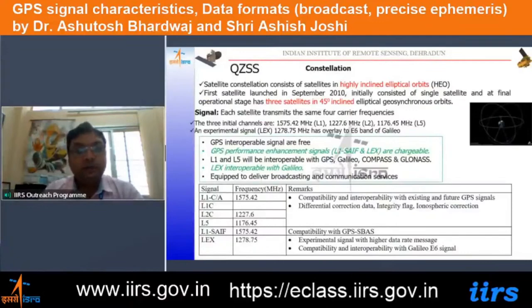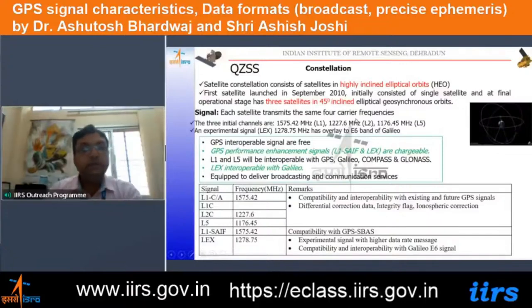Quasi-Zenith Satellite System is also there from Japan. It's a regional navigation system for Japan, and it began its launches in 2010 using highly elliptical inclined orbits, using the Mitsubishi satellites, which are inclined at 45 degrees.